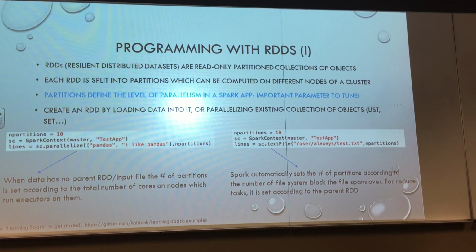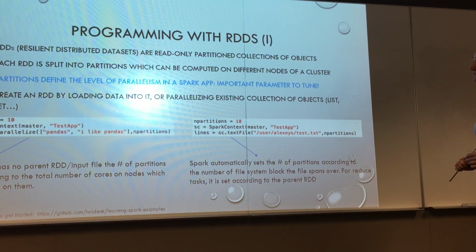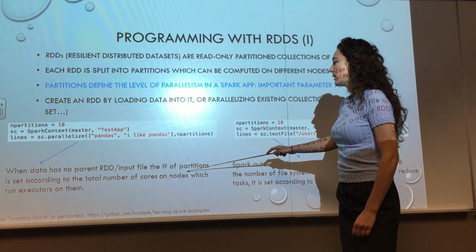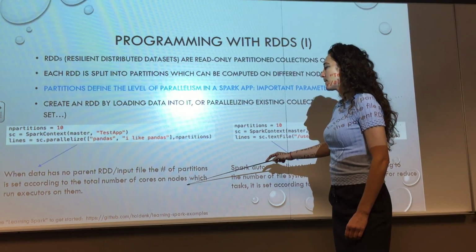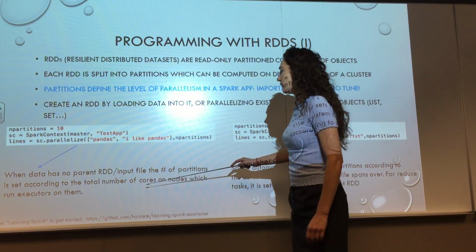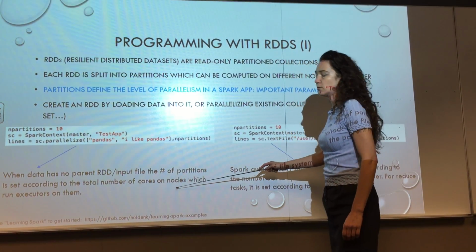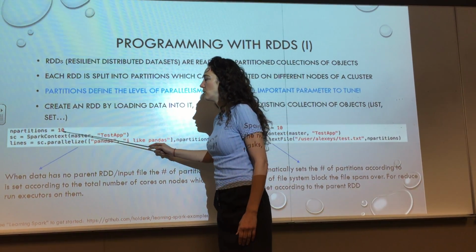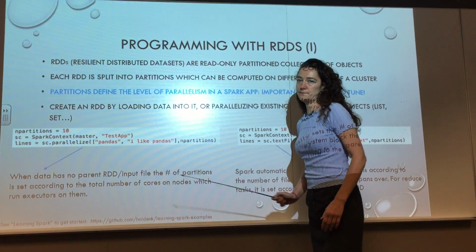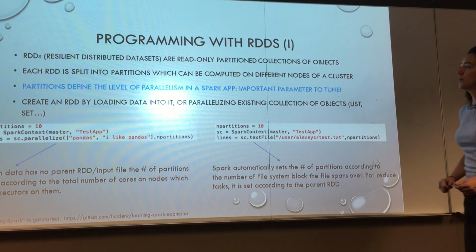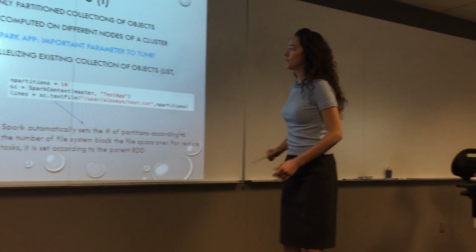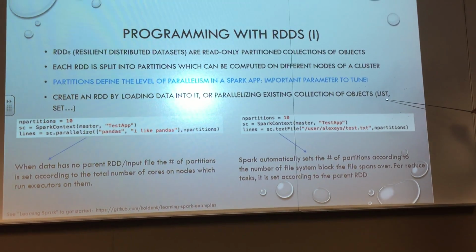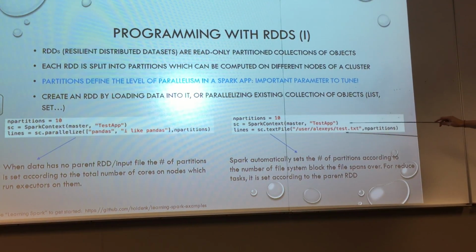So in this case, we created the RDD by loading data into it. So when data has no parent RDD, the input file and the number of partitions is set according to the number of cores or nodes on which we will execute them. So this means it's gonna take 10 nodes to process this data. Now that's statically defined, or we can parallelize an existing collection of objects by passing a list or set.